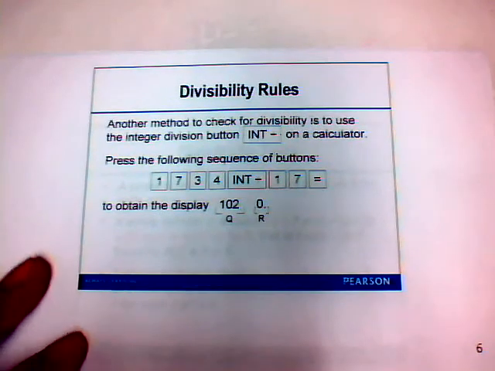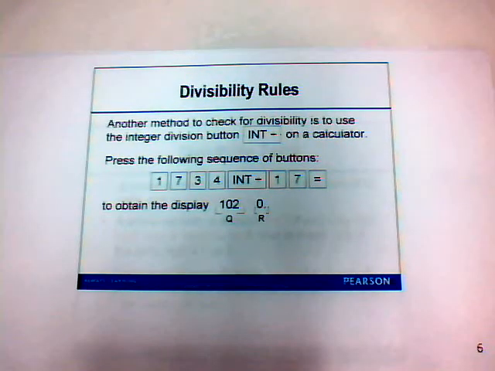Okay. Another method of checking for divisibility is using the integer division button, or the INT division button on the calculator. Some calculators do have integer division as a button that you can use to divide, and it will give you the quotient and the remainder.